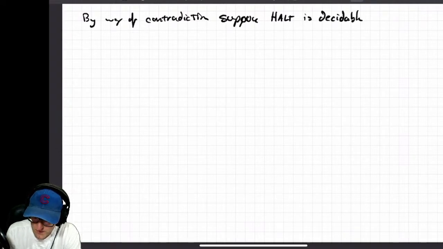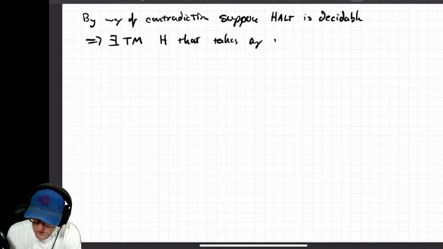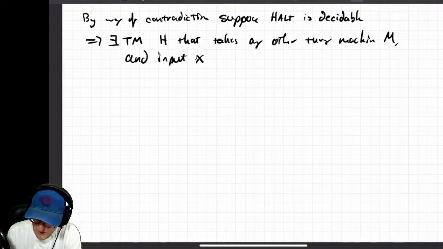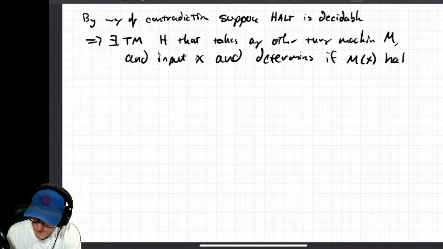This implies that there exists a Turing machine, and I'll call it H, that takes any other Turing machine, M, and an input, X, and determines if M on X halts.